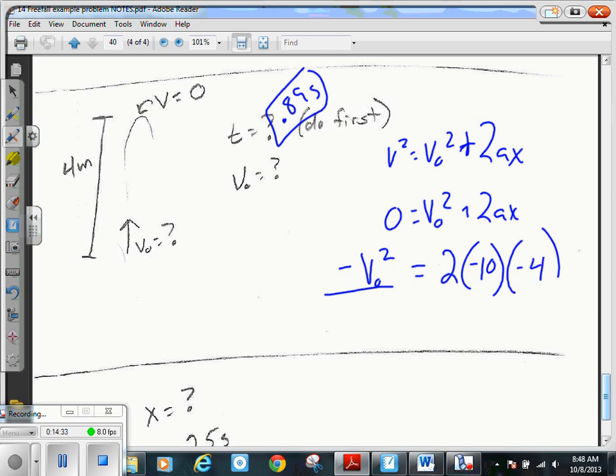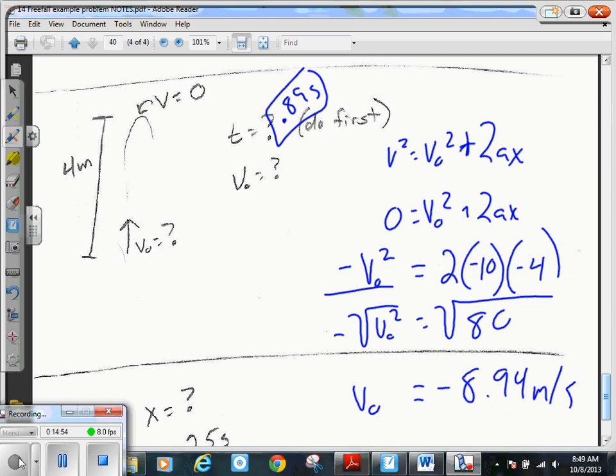So, negative v sub naught squared is 80, and v sub naught then equals negative 8.94 meters per second.